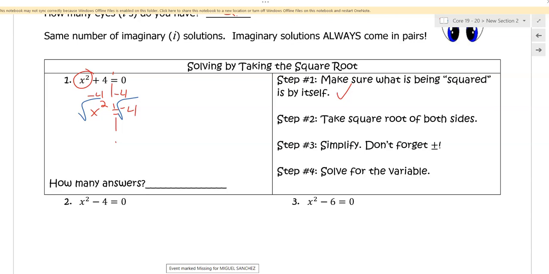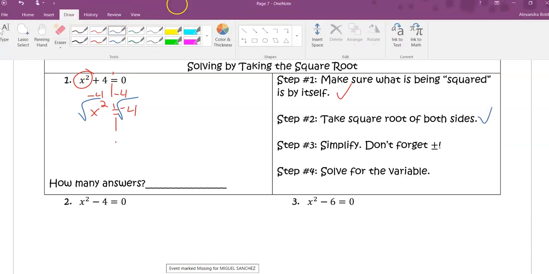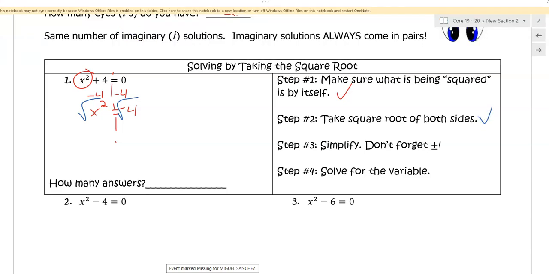Check. Simplify. So the square root of x squared is x. The square root of negative 4, well, that's the square root of 4 times the square root of negative 1. So x equals, don't forget plus or minus, the square root of 4 is 2, the square root of negative 1 is i.